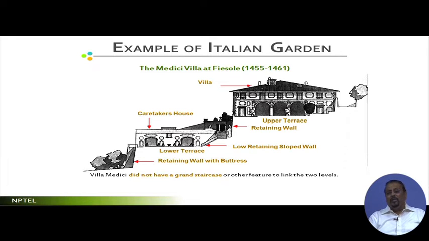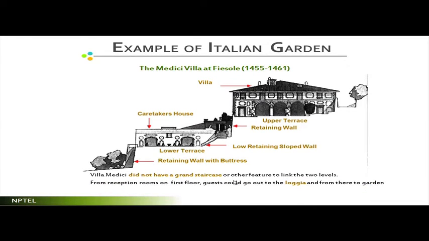It did not have a grand staircase. It was a villa, not a grand public building or palace. So, it did not have grand staircases, but all the levels were connected with small staircases with intricate details.